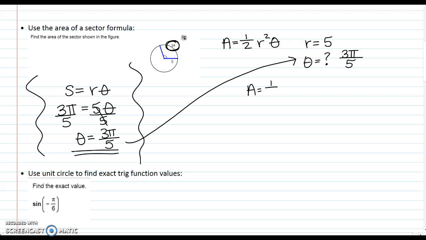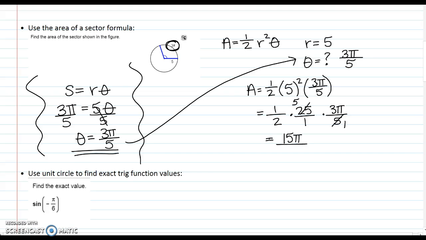Area is 1/2 times radius squared times the central angle that we just solved for. Put all that together, you've got 1/2 times 25 times 3 pi over 5. You can cancel diagonally. 5 goes into 25 5 times. Multiplying across, you get 15 pi over 2. That's the answer to that problem.